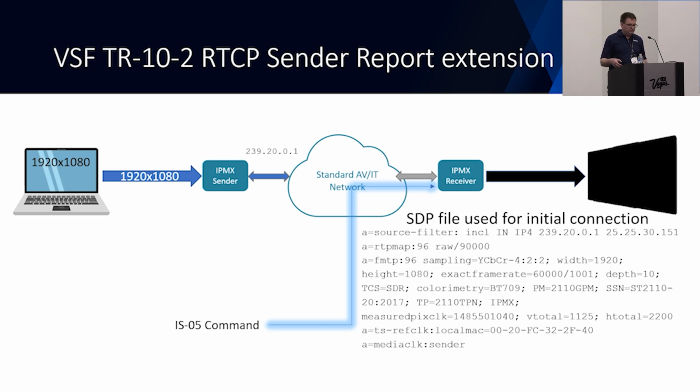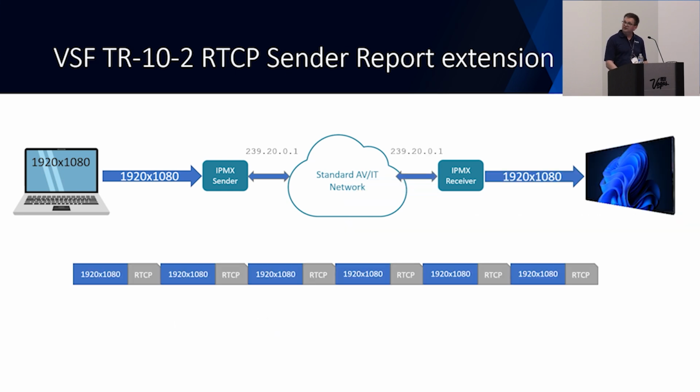I am RGB, 60 Hertz, HD, and we establish the network path and the image appears on screen. So remember that on the network, I will have my video stream and the little RTCP packet with media information.